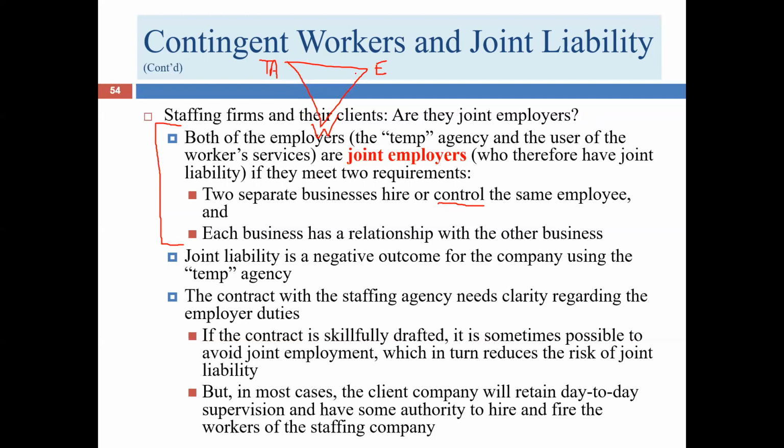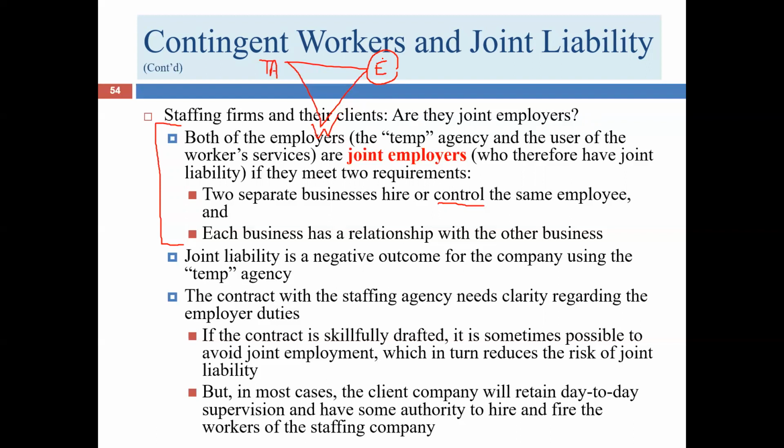And so when you have this triangle, you have this relationship. But the reality is that this employer is going to want to control the means in which this employee functions, most likely. The only way that this employer can resist the possibility of a joint liability would be if he really takes a very hands-off approach and leaves it to the temporary agency to really manage that.